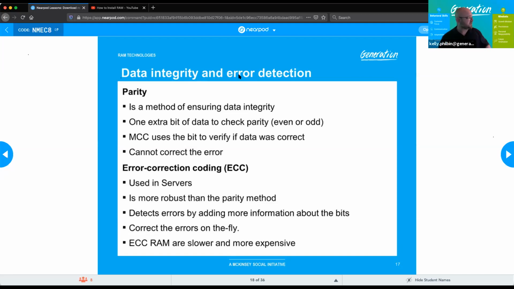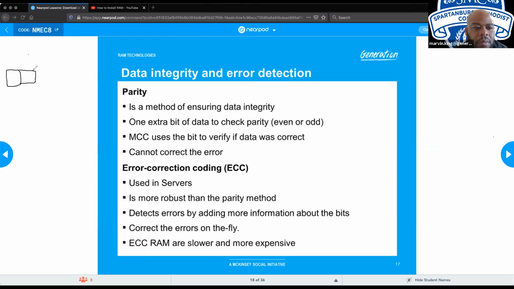Let me get my annotator out here. So if we had a nibble, 4 little blocks here, that's 4 little bits of data.